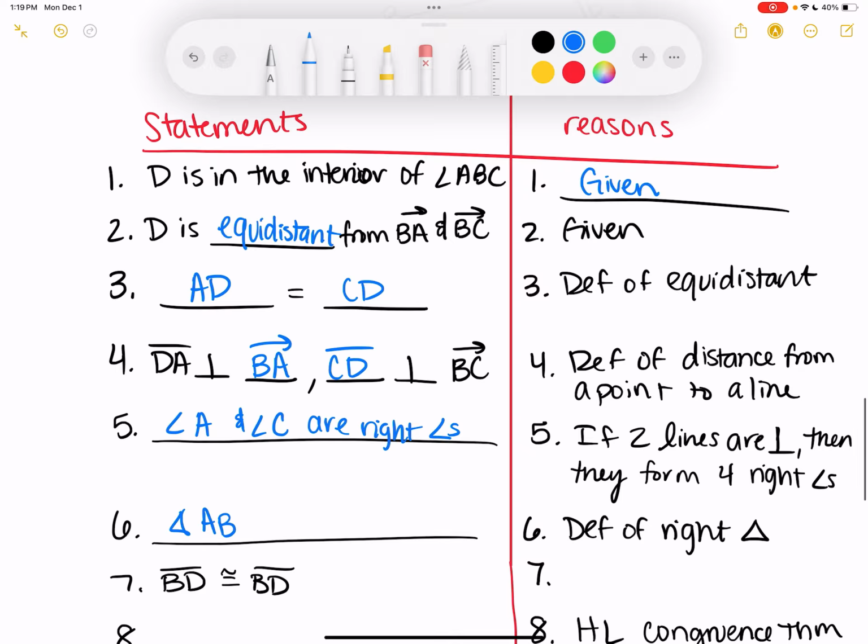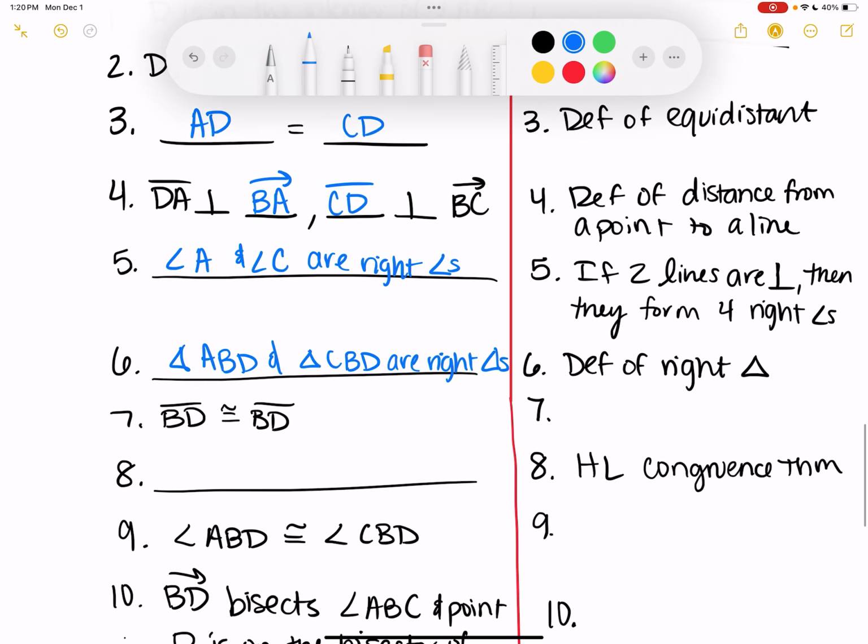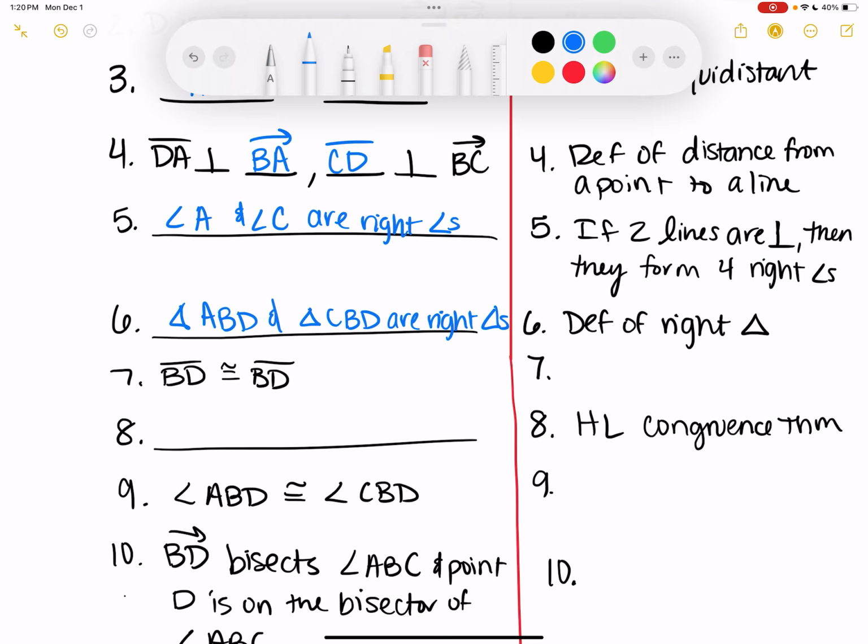Triangle ABD and triangle CBD are right triangles. So then the next thing says BD is congruent to BD. Well, what allows me to say that? Reflexive property. Yep.